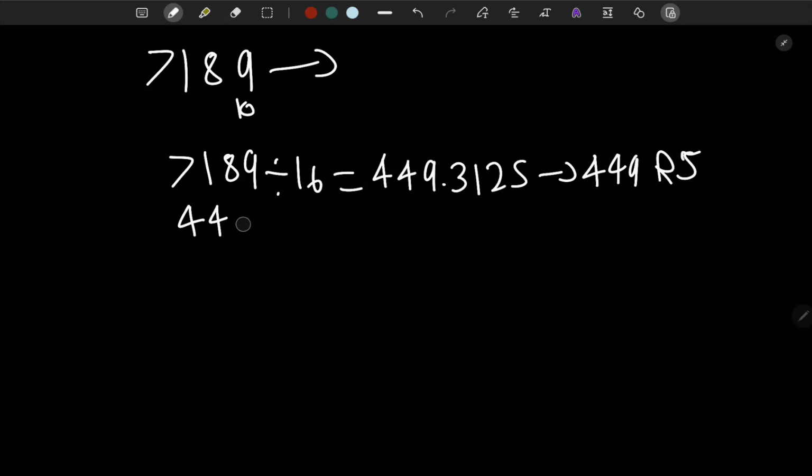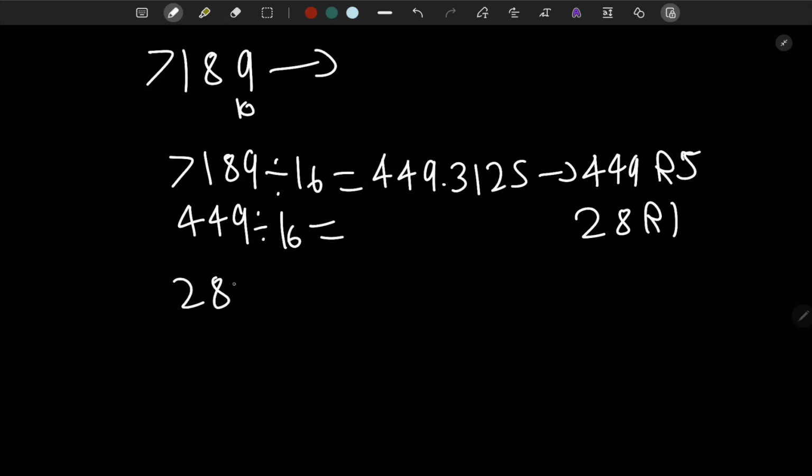Let's do 449 divided by 16 now. And this is 28, and I made the mixed fraction, so I got the remainder of 1, since it's 28 and 1 over 16. And now continuing on, so let me just write this over there, 28 remainder 1.